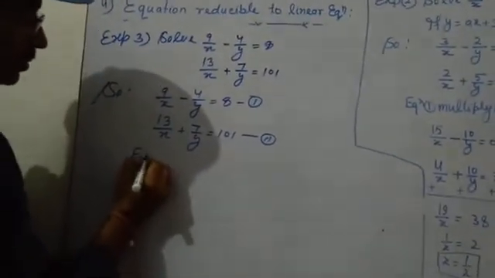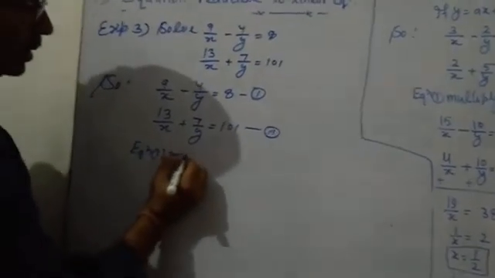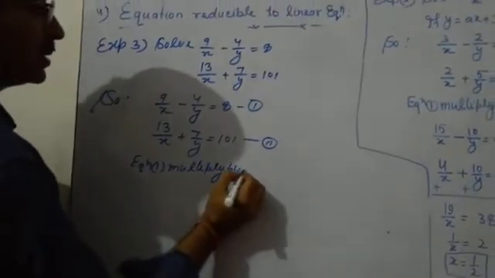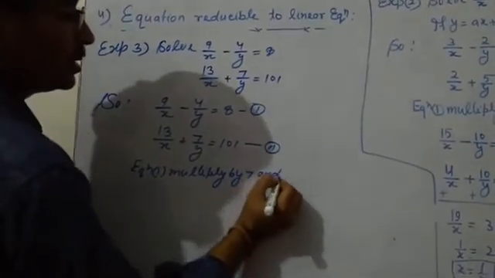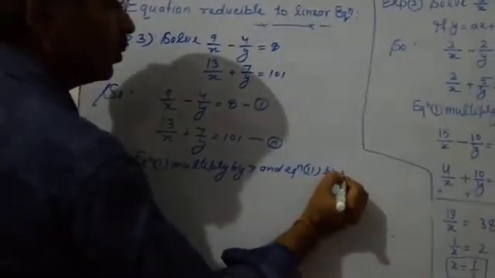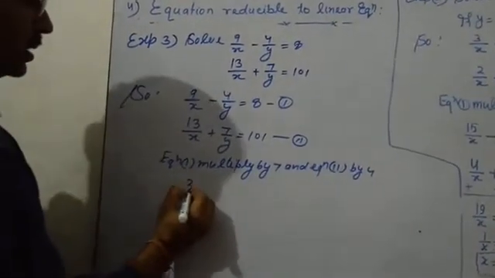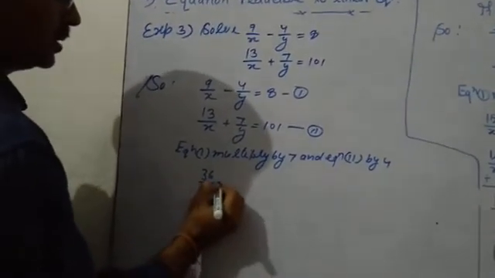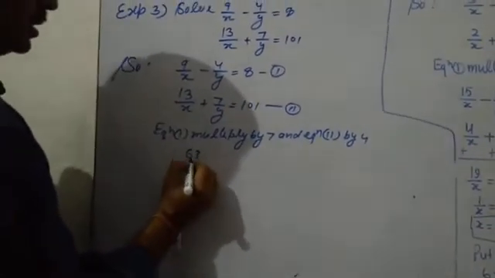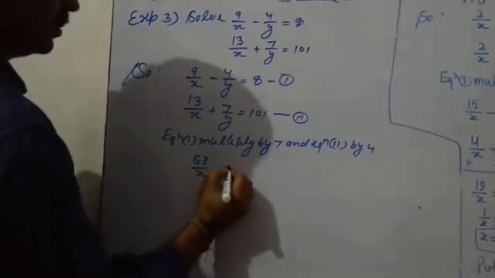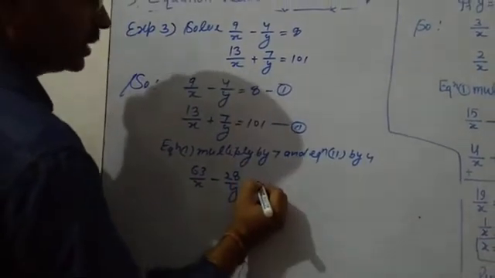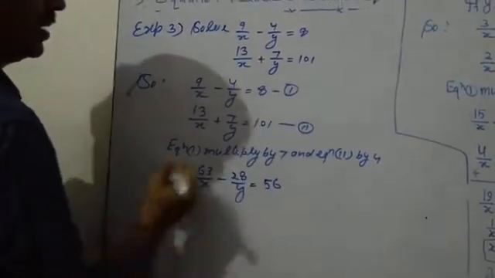Equation 1 multiply by 7 and equation 2 by 4. 7 nines are 63 by x minus 28 by y equal to 7 eights are 56.